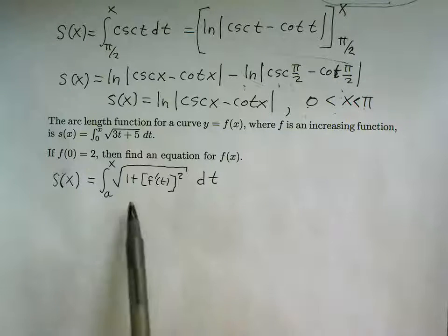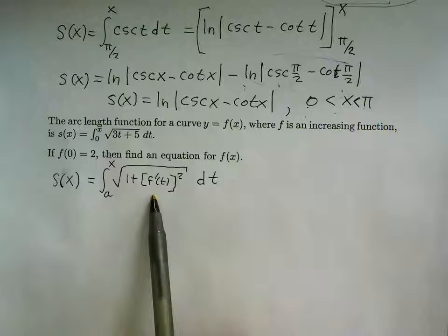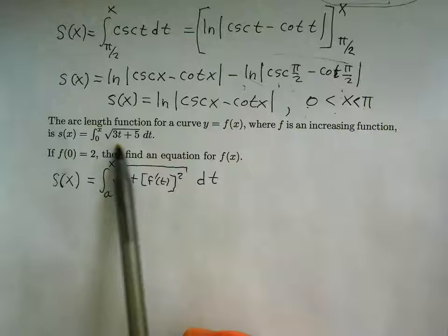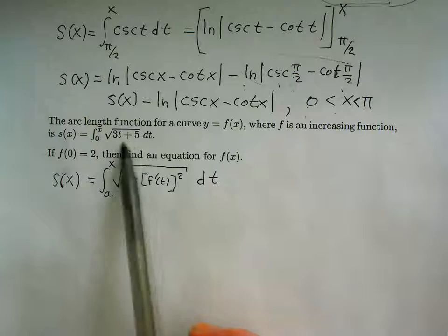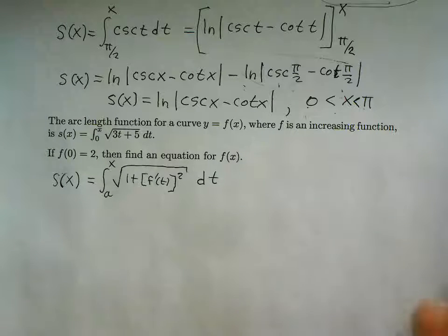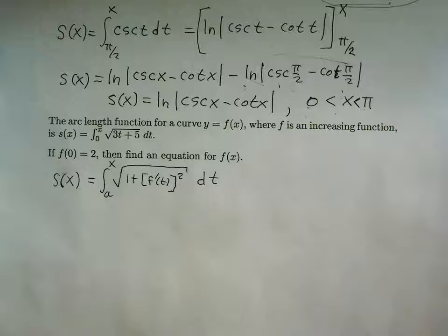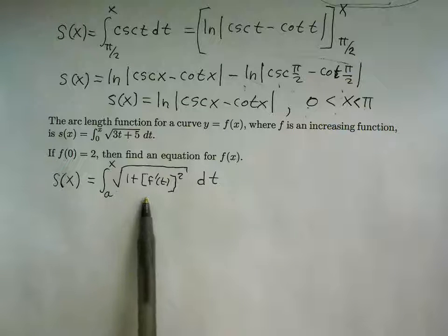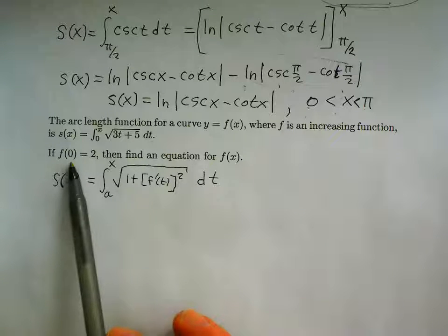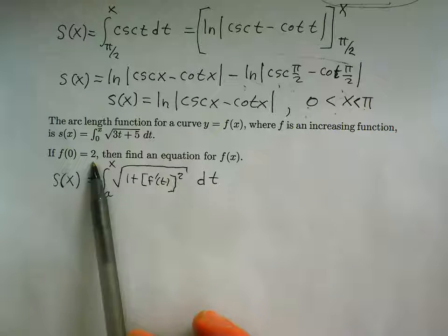So what we do to start with, we set this integrand equal to the square root of 3t plus 5. The integrands have to be equal. And then we'll proceed to solve for f of t with the initial condition f of 0 equals 2.